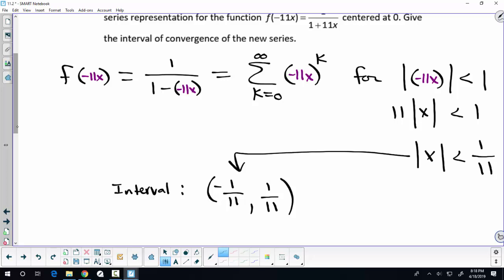That was just a quick example to show you theorem number 3, in that last sentence: the composition converges absolutely to the composite function f of h of x for all values of x such that h of x is in the interval of convergence. So this is our h of x.